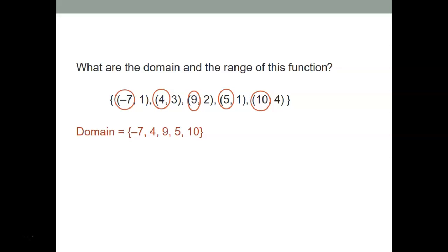And the range consists of the numbers 1, 3, 2, we already mentioned 1, so we don't have to mention it again, and 4. So there are 4 numbers in the range, 1, 3, 2, and 4. It doesn't really matter what order you list them in, and if a number appears twice, we don't have to list it twice.